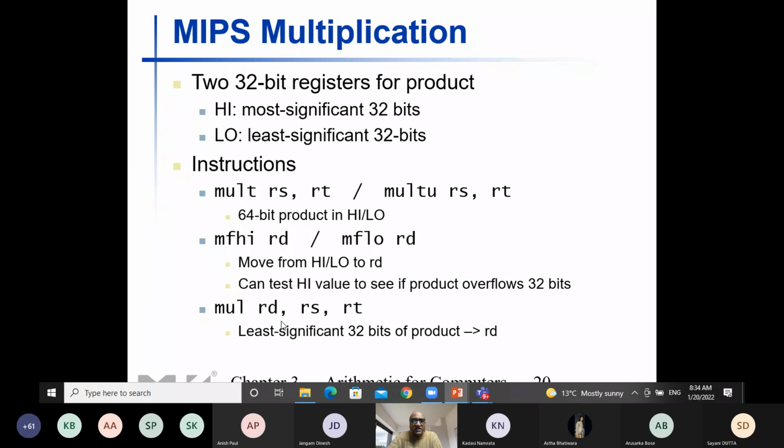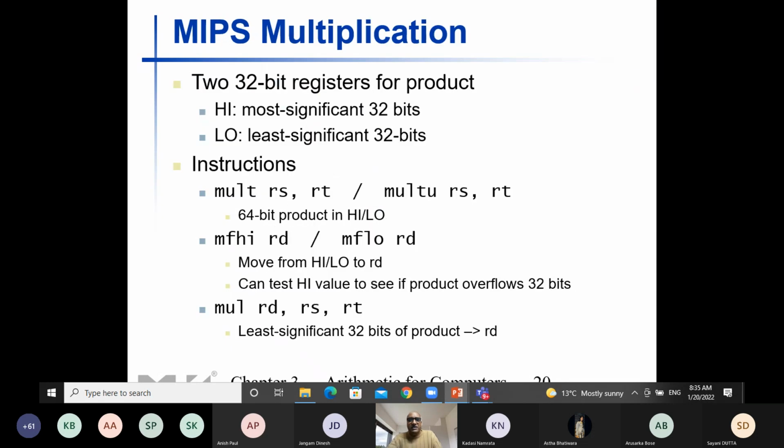In this particular statement, it just ignores the higher 32 bits. It places only the lower 32 bits in rd. If the result is more than that, it doesn't bother. It just wants the least significant 32 bits of the product.